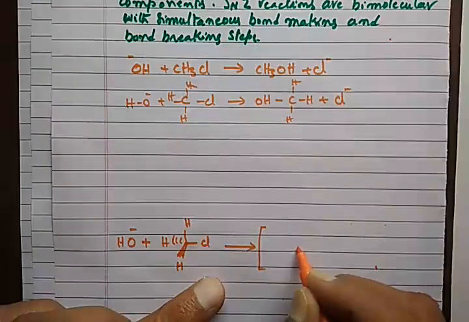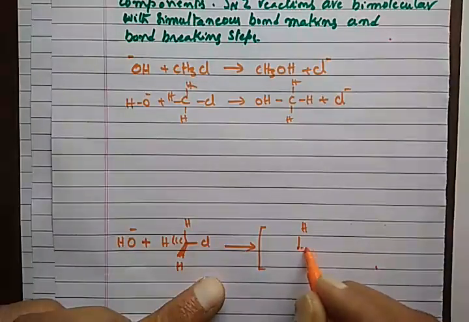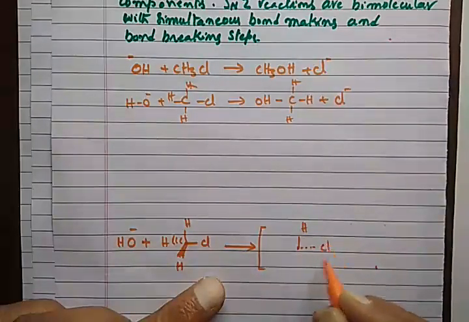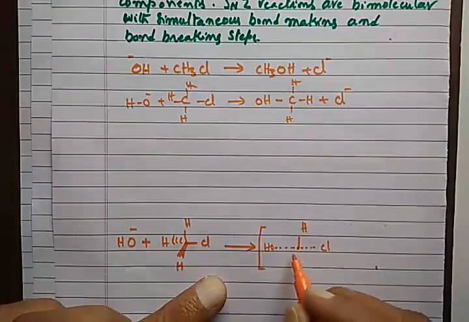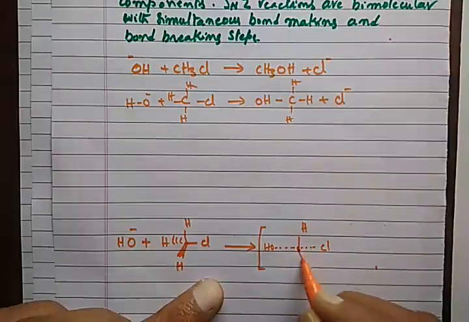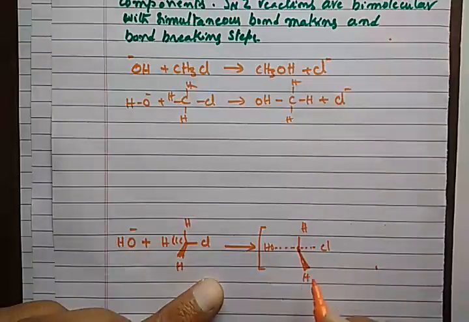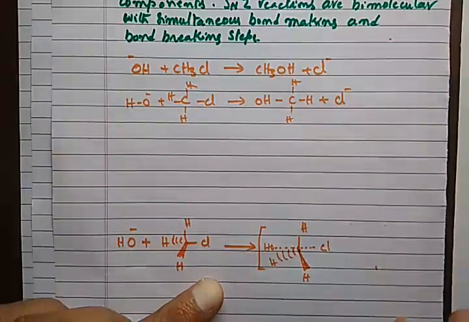That is the center carbon atom. H, here Cl is there, here HO will come, and this is the H, this is the H which is going away from you.